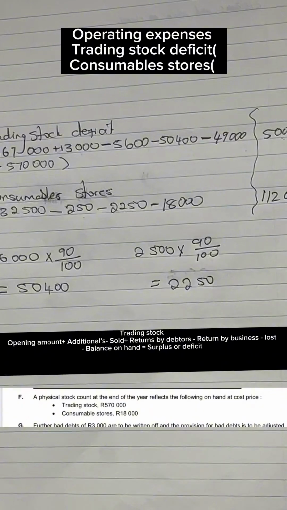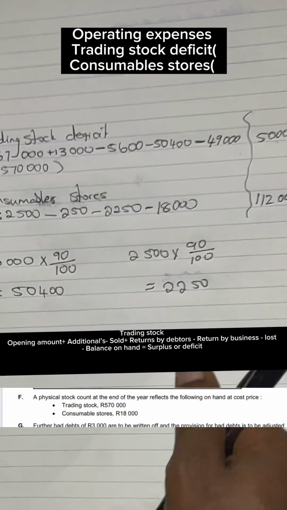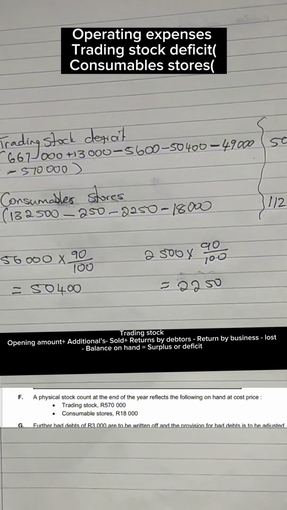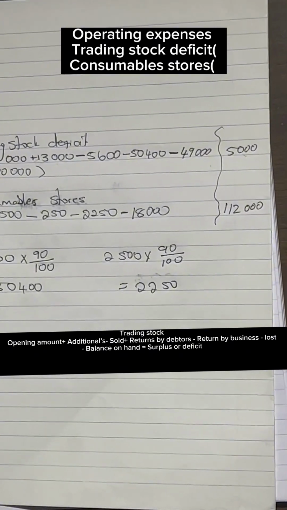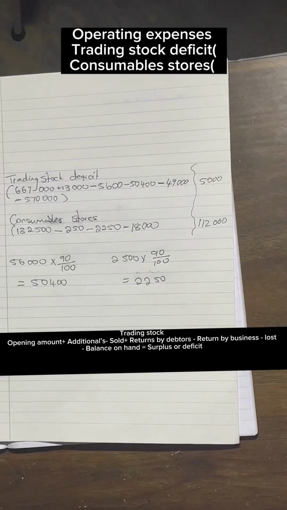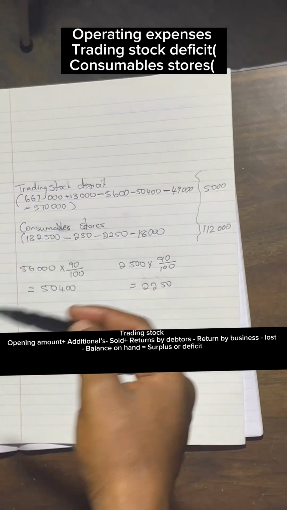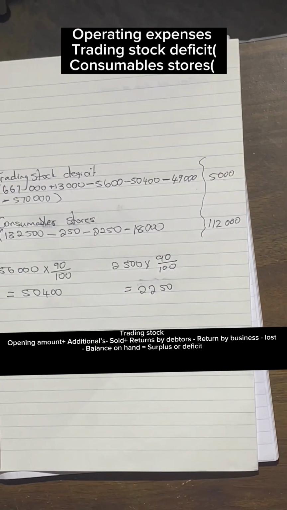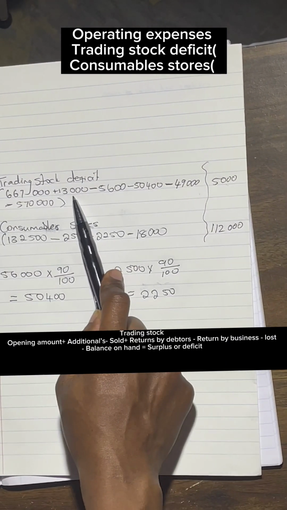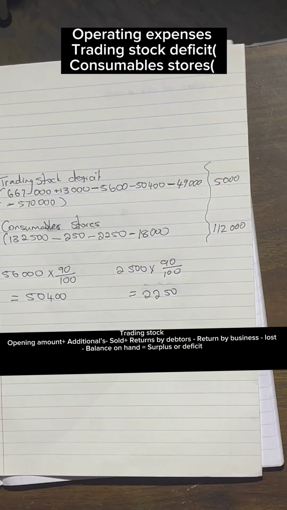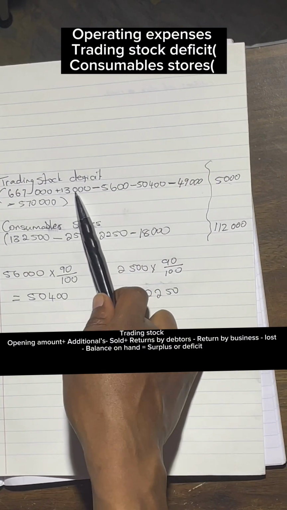So guys, whenever you come to this kind of transaction, you need to be familiar with it. You need to have your opening balance for trading stock, and if there was a debtor returning goods, then you add them.